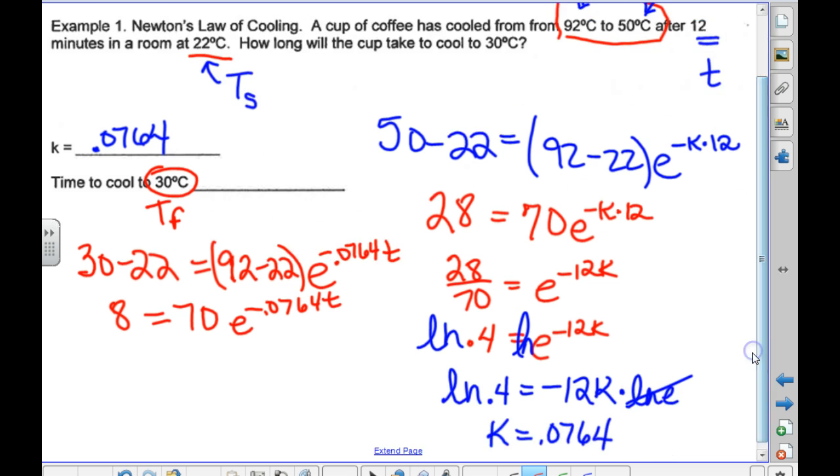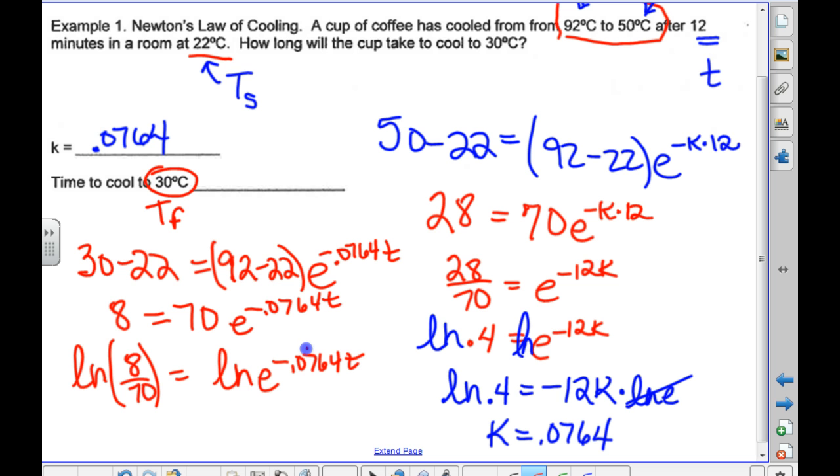So what algebra do we want to do first? Yep, we're going to divide and then take the log of both sides. Bring this out in front. Times the natural log of e, which is just 1.